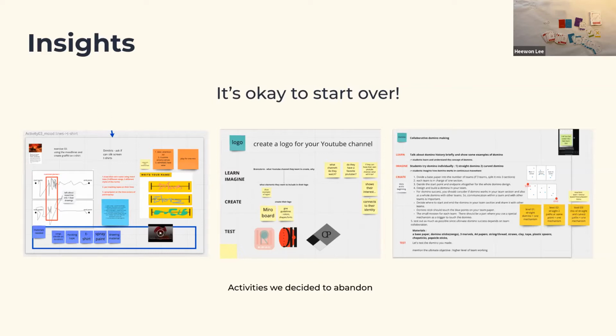Throughout our design process, there were several activities, like 3, that we fully designed and planned and did a lot of testing on. But during the testing phase, we realized they didn't work, either because the class wasn't clear on what its goal was, it might be too hard for the students, there were some material difficulties, or some of them were just not as fun to do. So we decided to abandon them and start over.